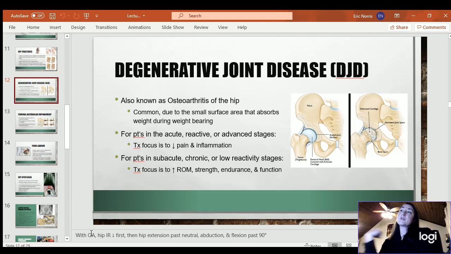As far as treatment for a patient with degenerative joint disease or osteoarthritis of the hip, there are two different categories. So if they're in the acute, reactive, or advanced stages, then you're mainly focused on decreasing their pain and inflammation. So this is the stage where they're having basically a flare-up and in a lot of pain.